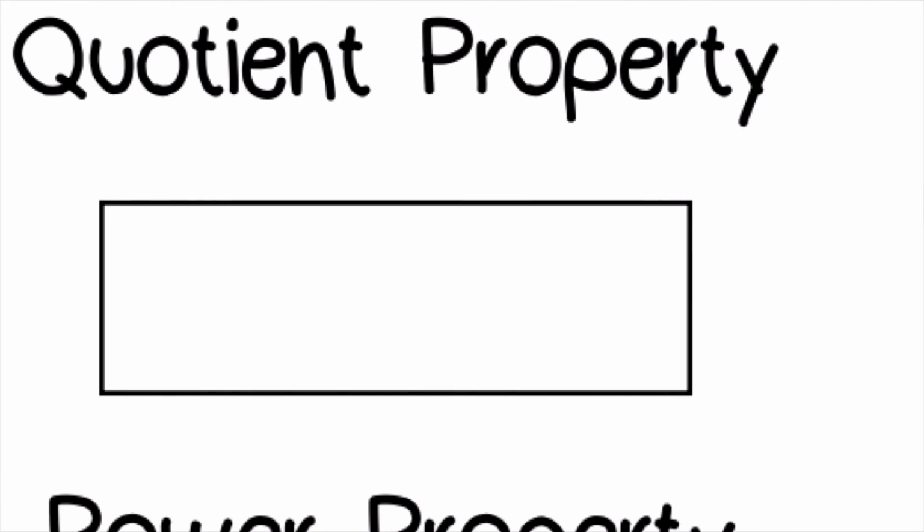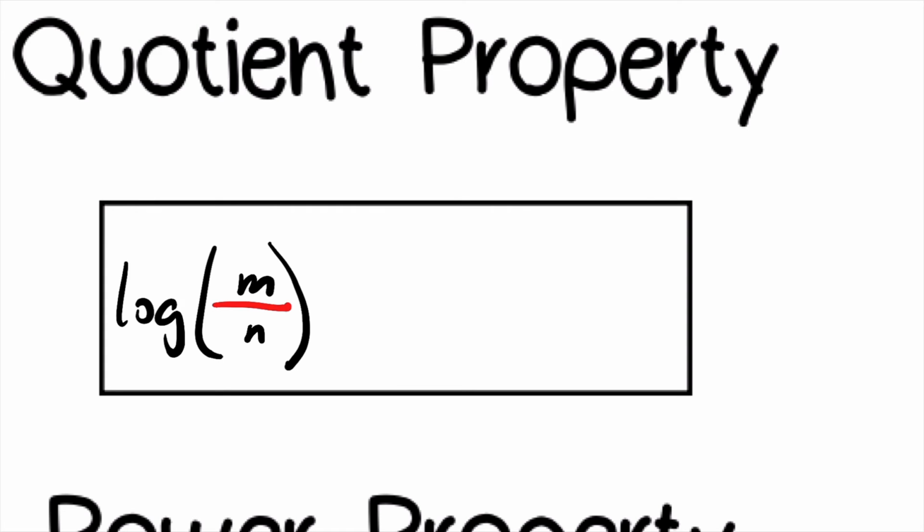Quotient property. Quotient property, very similar, just with different signs. So instead of multiplication on one side, you have division. And instead of addition on the other side, you have subtraction. Okay? But other than that, it's exactly the same.